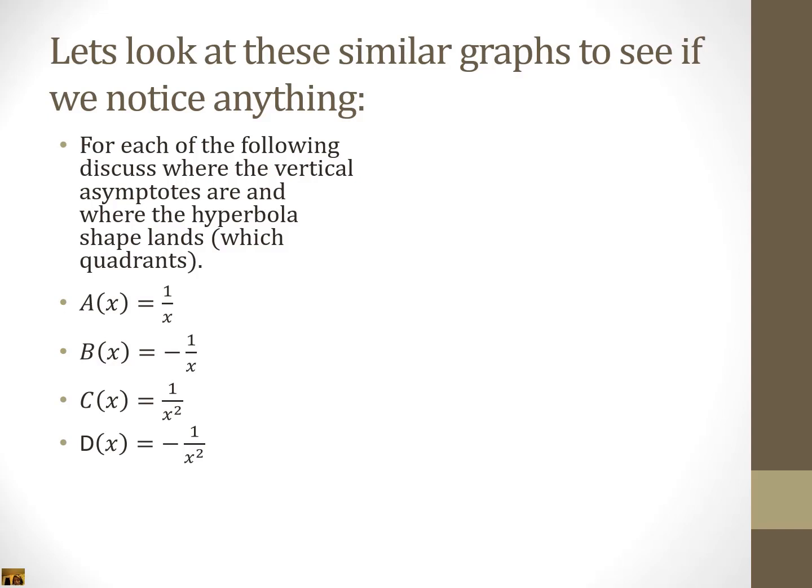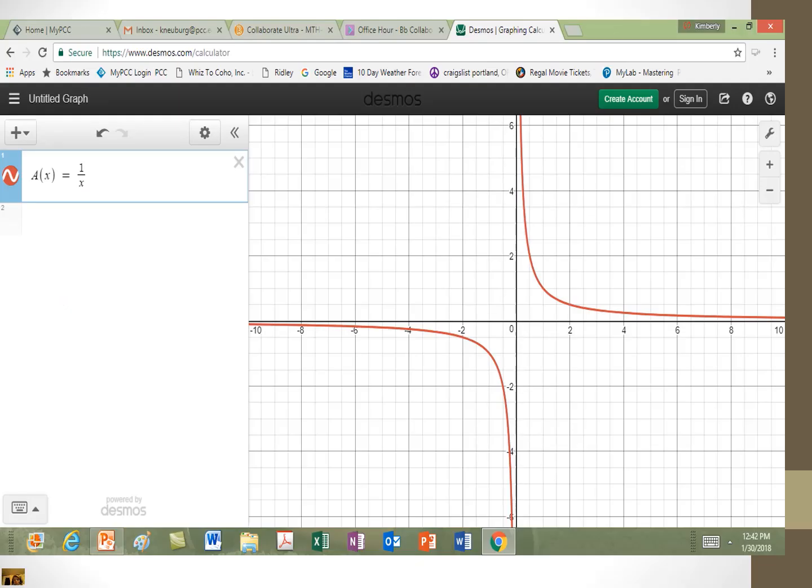If we take a look at that graph, notice that you cannot plug 0 in the denominator, and that gives us a vertical asymptote at x equals 0 right here. This one doesn't have the negative like b of x did, and notice that our hyperbola shape shows up here in the first quadrant and down in the third quadrant.